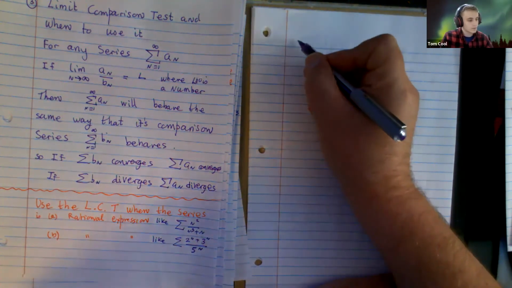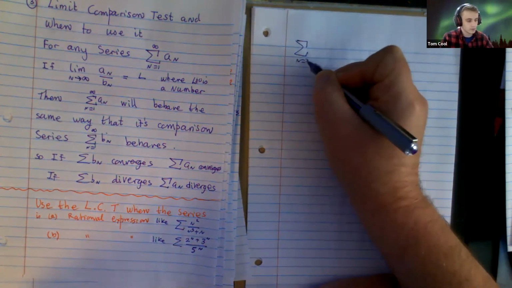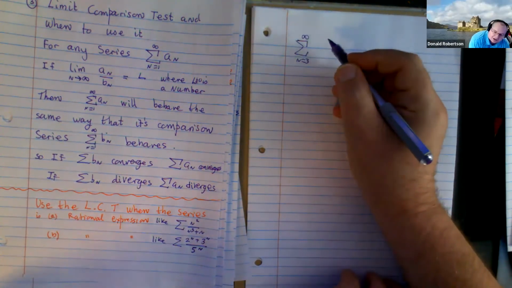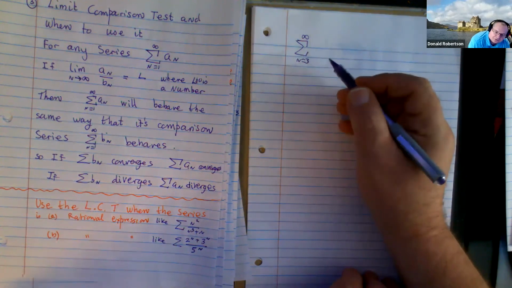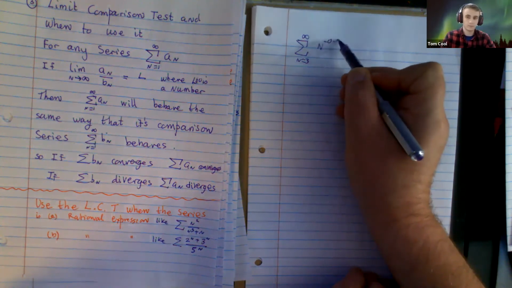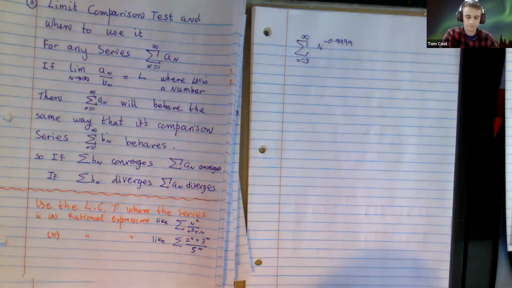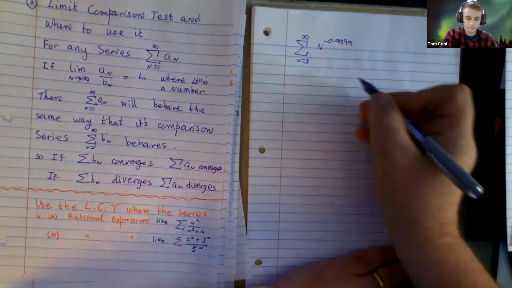It's the sum from n equals 3 to infinity of n to the negative 0.9999.